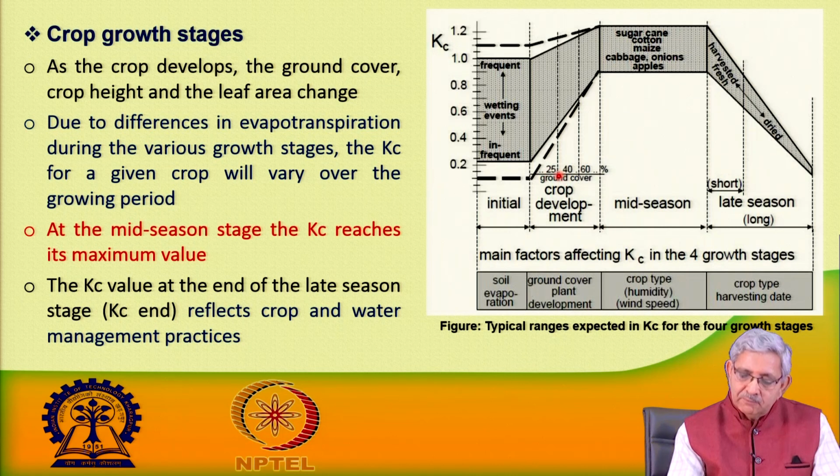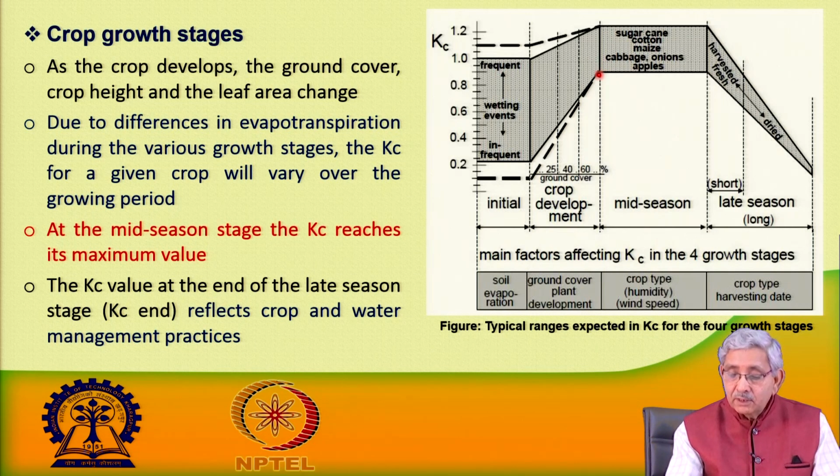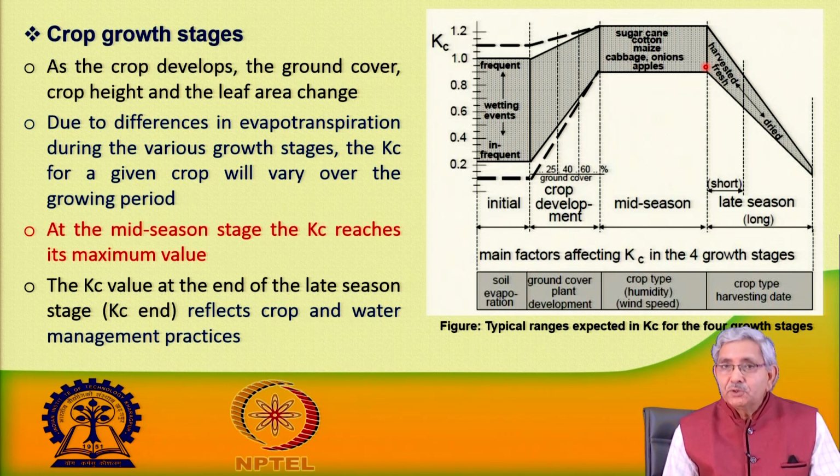So, what we are seeing is that for a few days it covers 25% of the ground, then 40% ground cover, and then 60%. It reaches a stage where the development has taken place fully, and then it comes to the mid season stage, which we call the maturity stage. The crop has got full maturity, that is the mid season stage, and then it comes to the end stage.